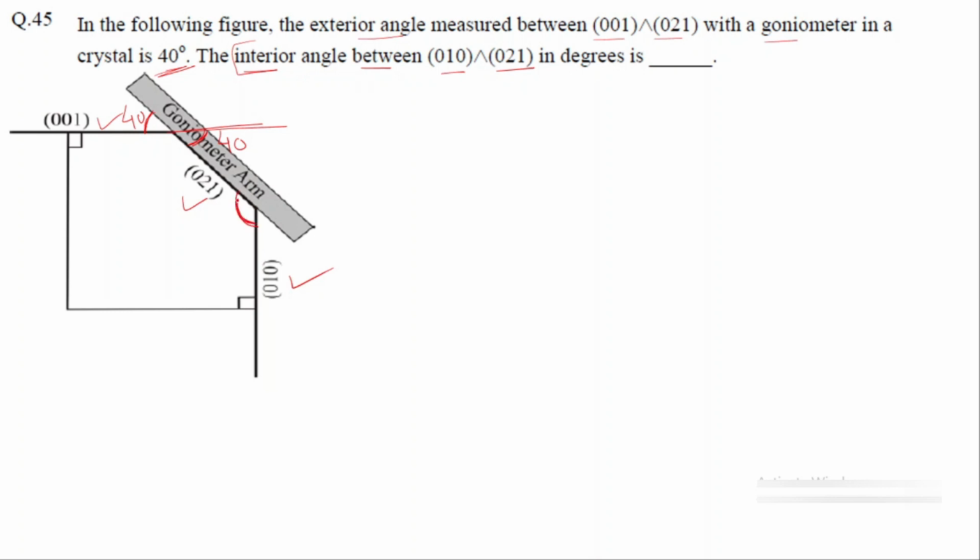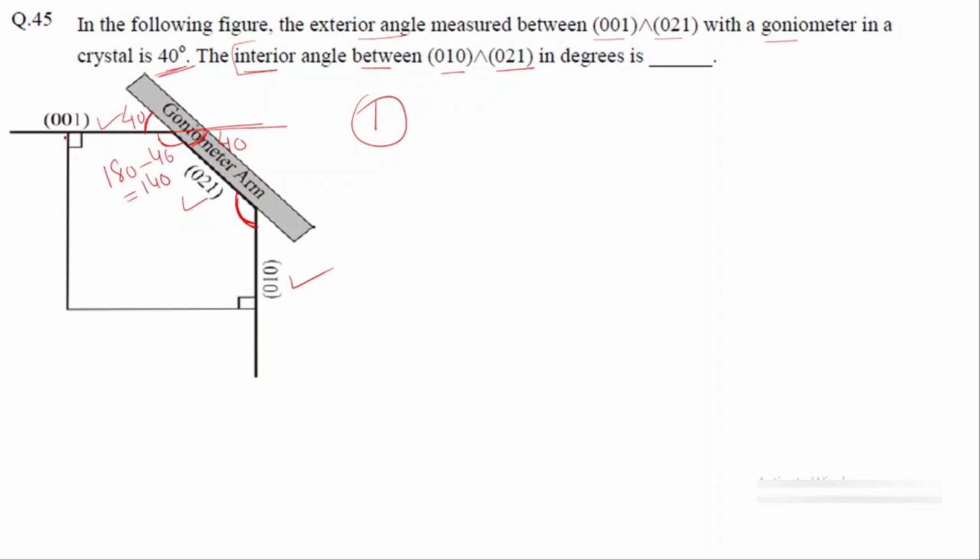Now there are two methods to do this question. I will discuss both of them with you. The first one is, if you just use this 40 degree exterior angle, you can very well calculate the interior angle by subtracting it from 180 degrees. If you do so, you will get 140 degrees as this interior angle.